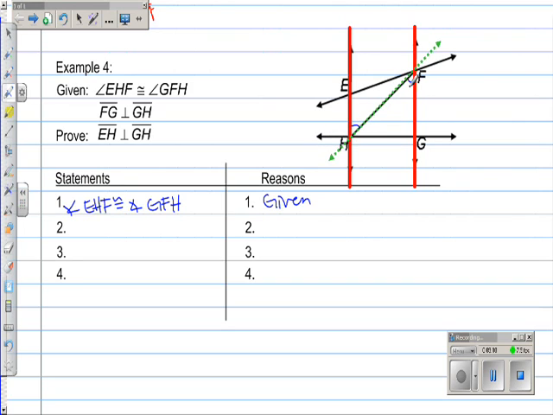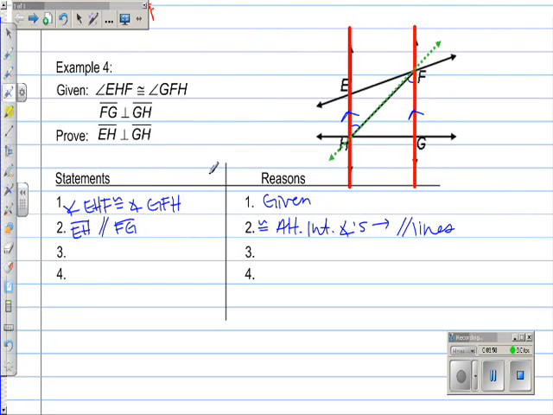If the alternate interior angles are congruent, then you know that EH is parallel to FG, because congruent alternate interior angles imply parallel lines. And again, go ahead and mark your picture.